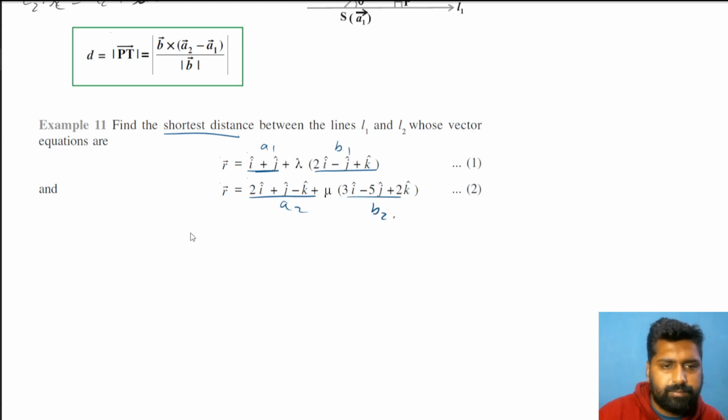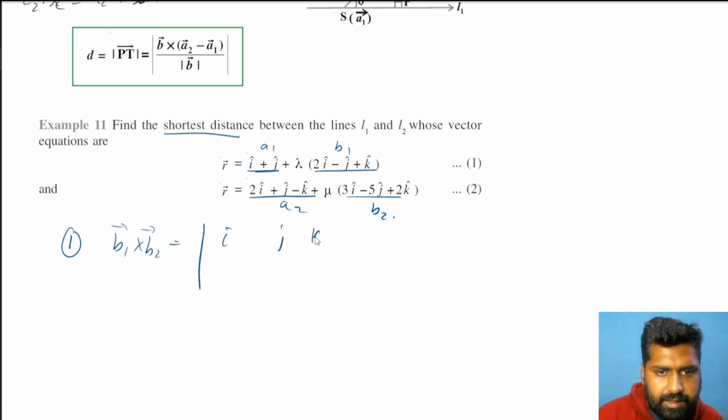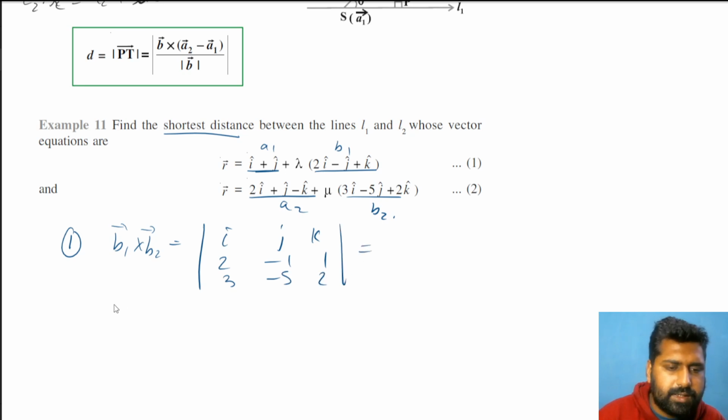Use the formula. Step 1, calculate b1 cross b2. So i, j, k, slightly lengthy, but yes, 2 minus 1 1, 3 minus 5 2. We calculate this.